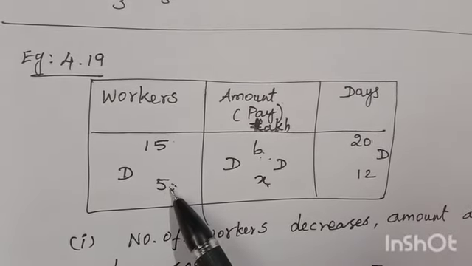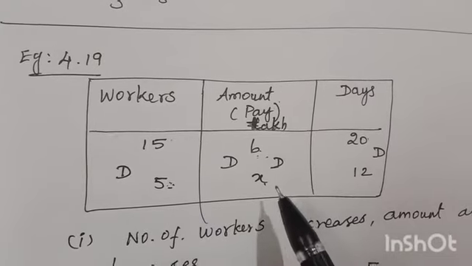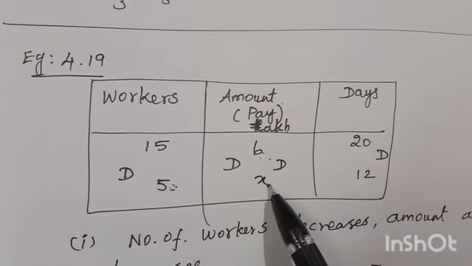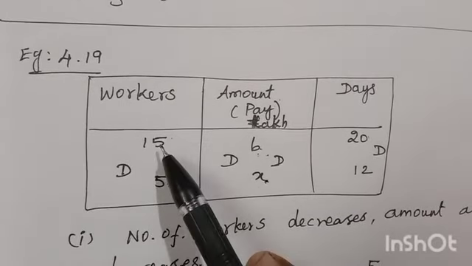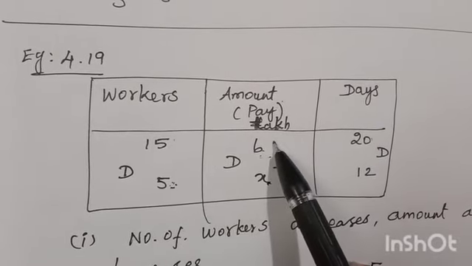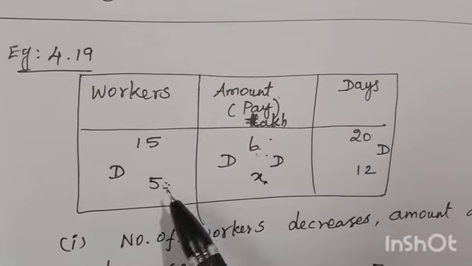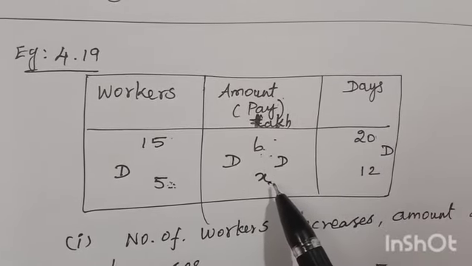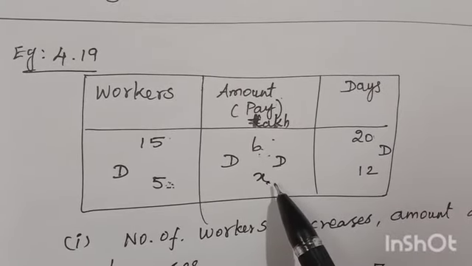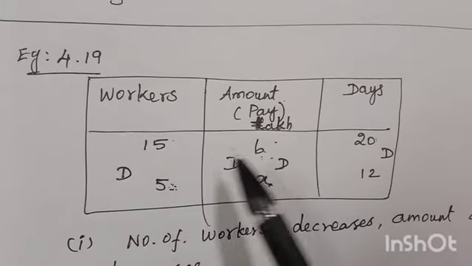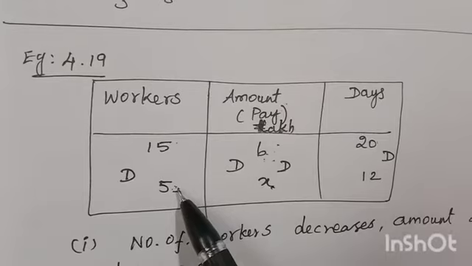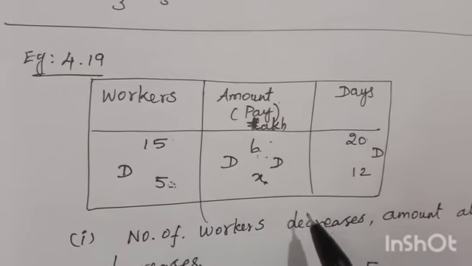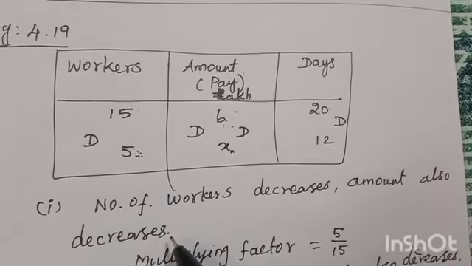Number of workers decreases, amount also decreases, the payment also decreases. Have you understood this? For 15 workers, the amount is 6 lakh. So for 5 workers, the amount will be less. Yes students, the number of workers decreases, amount also decreases.